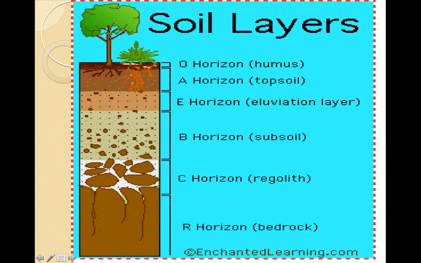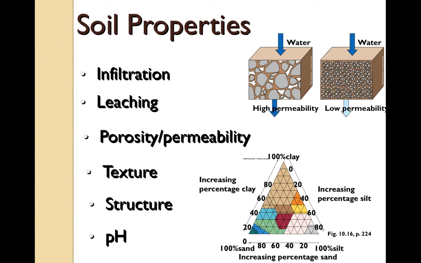Okay. Our next one, we're going to look at different soil properties, and we're going to start first of all with infiltration. Infiltration is where water will penetrate and pass through different kinds of soils. Depending on the makeup of the soil will depend on how fast the water can penetrate through it.